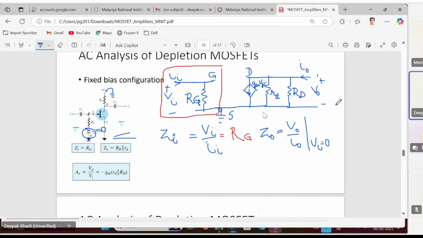Means to determine the output impedance, what you need to do? You need to take the ratio of V naught and I naught by putting the input voltage to 0. If you follow this definition in this circuit, what will you get?